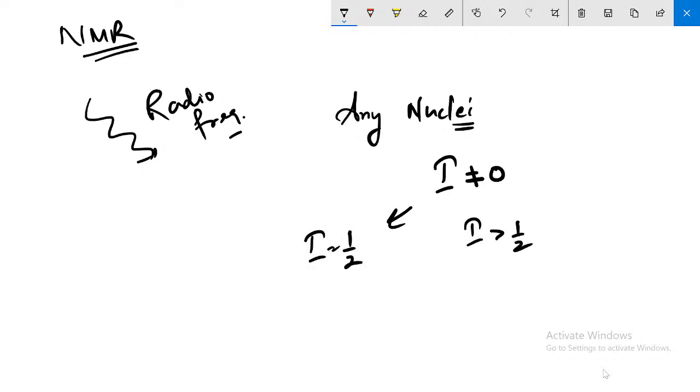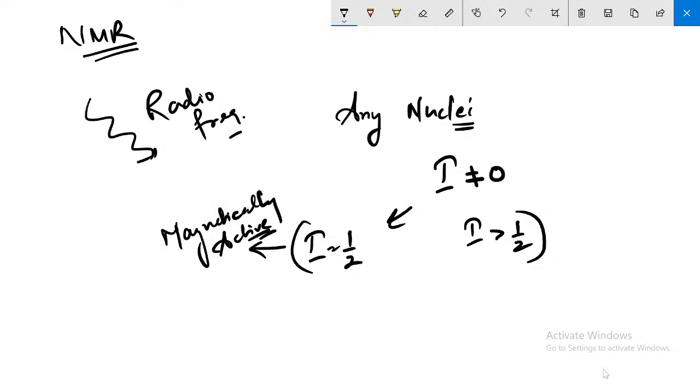These non-zero nuclear spins will be magnetically active, because we know that any charged particle, when it spins, also creates a magnetic field. So that magnetic field, whatever it will produce, can interact with an external magnetic field. So this is the basic interaction.